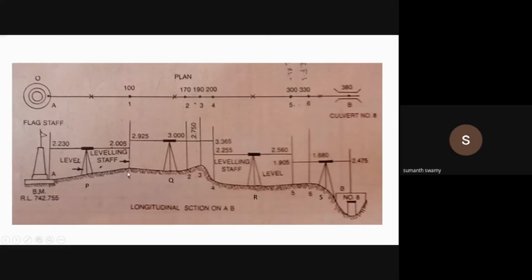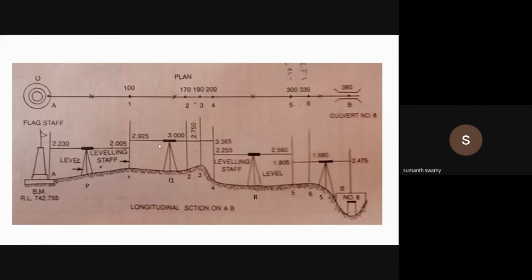The point is 1. Again the reading is noted, here you could see 2.005. This is the foresight reading which is recorded. Further, no points are visible, so without changing the position of the staff, the station is shifted from point P to point Q, the next station point.